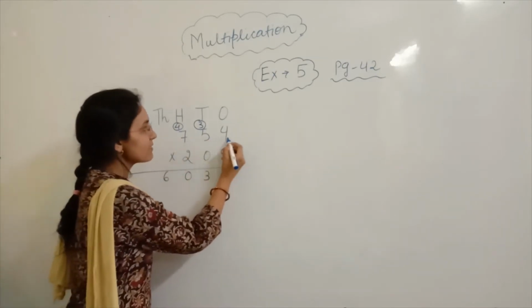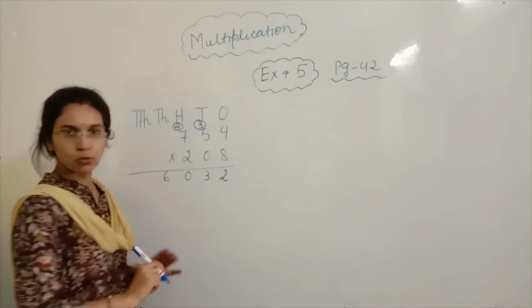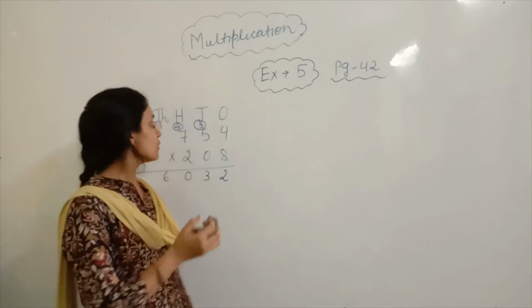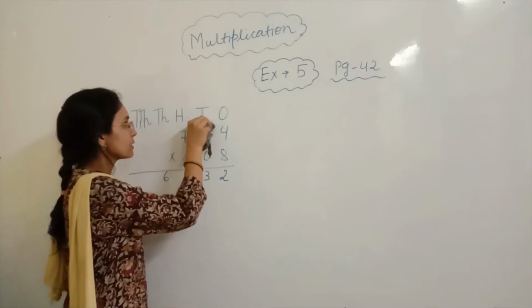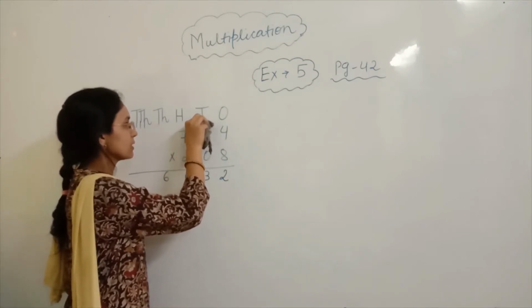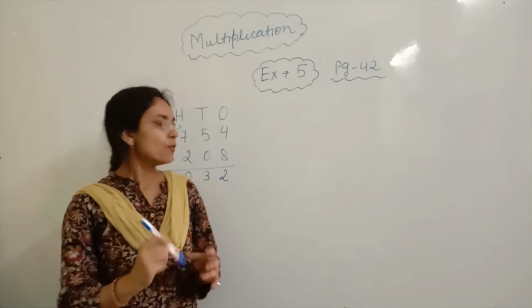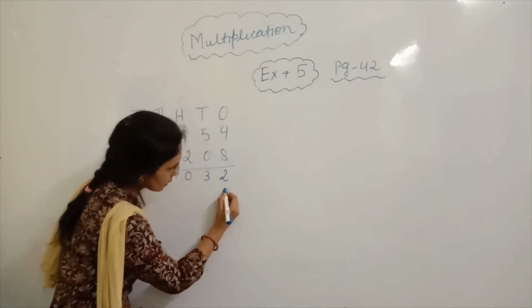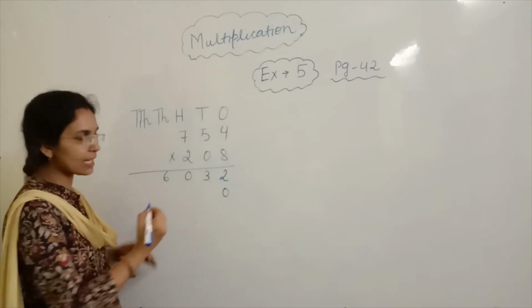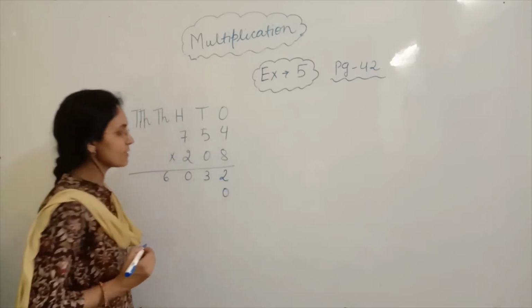Means we will multiply 750 by 0. For this children, first of all I will rub this carry over one. Now we will multiply and here we will write down the 0. Before starting the second step, you will put at one's place 0.